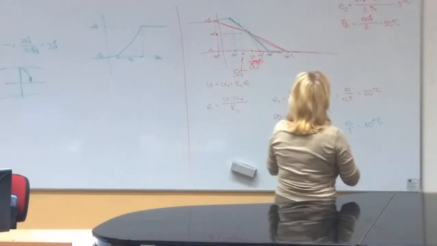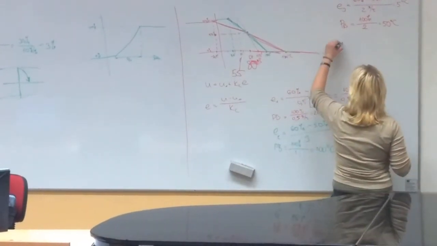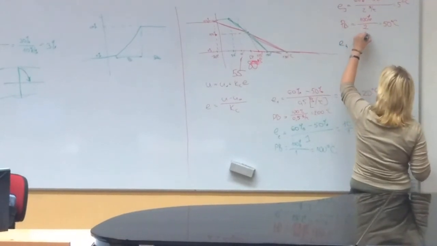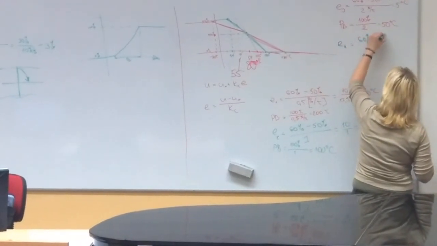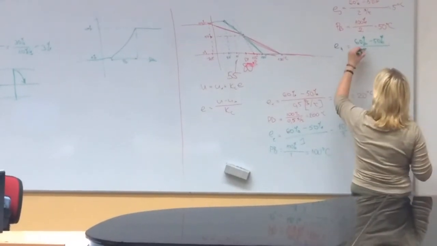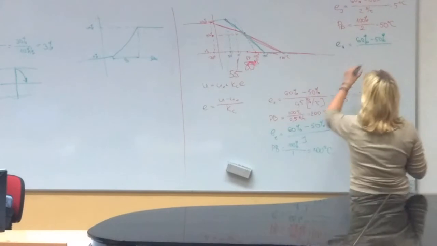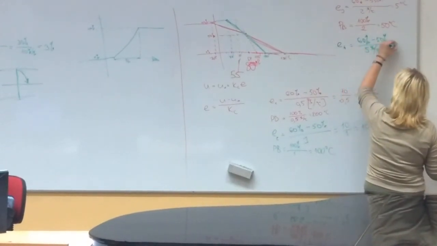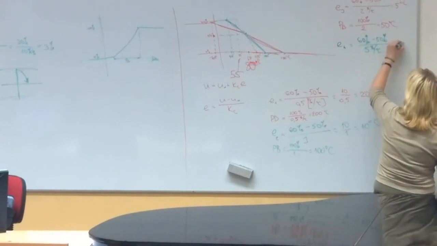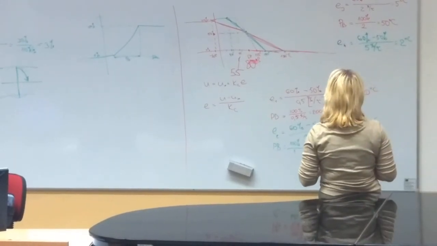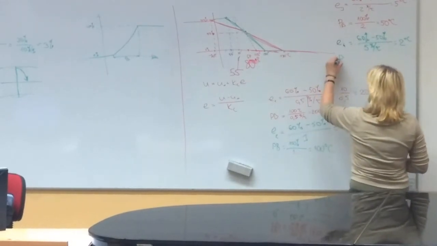And the last case, the error of the fourth controller will be divided by 5. So it will be 2 degrees Celsius. And the numbers are 70 and 90.